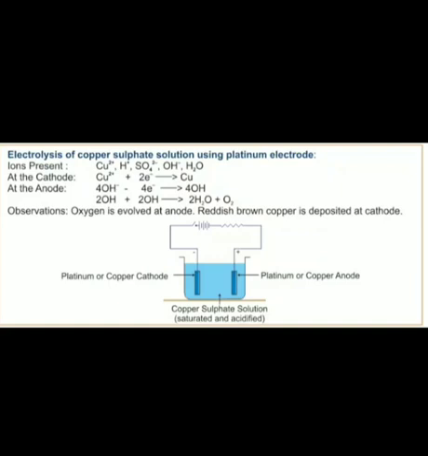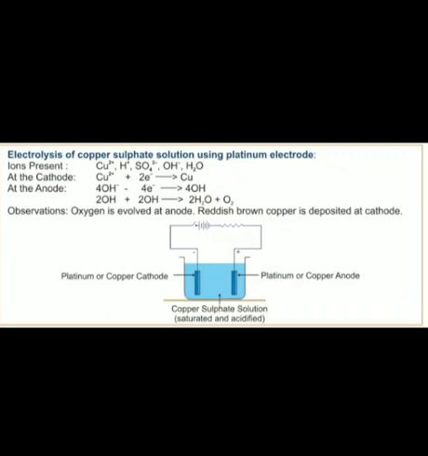That means at cathode reduction reaction takes place and at anode oxidation takes place. When the deposition of copper ions is completed, the electrolysis of water takes place and hydrogen gas is liberated at cathode and oxygen gas is liberated at anode.